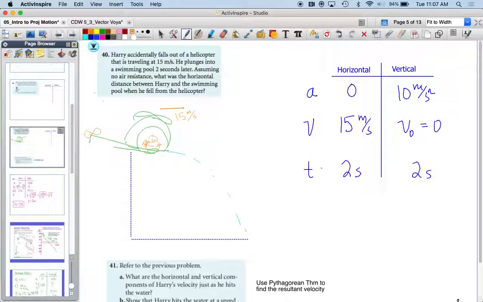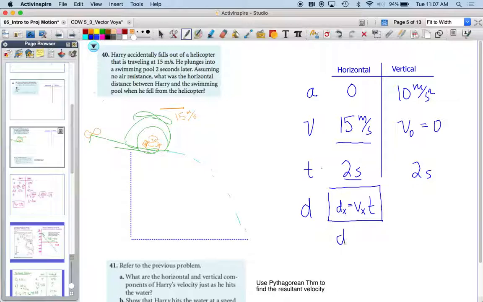So to answer that question, we're being asked to find the horizontal distance he travels. The equation that we know for that kind of motion is the horizontal distance is the horizontal velocity times the time. Well, we know the horizontal velocity is 15 meters per second, and we know the time is 2.